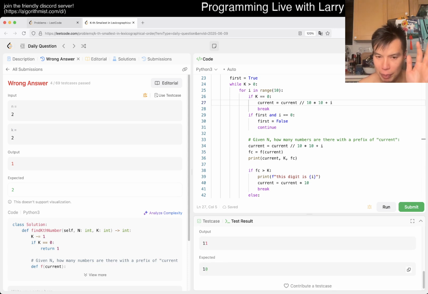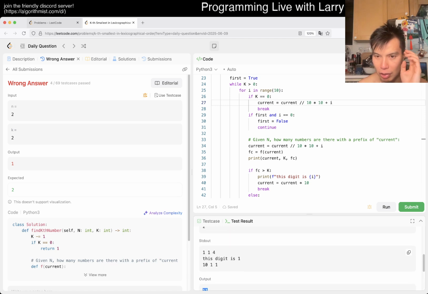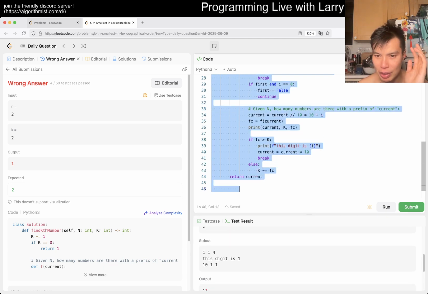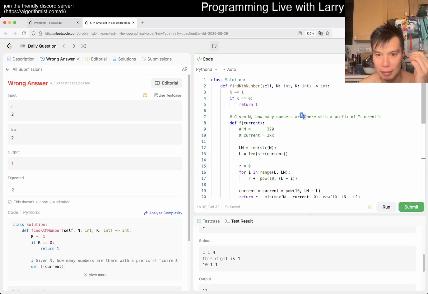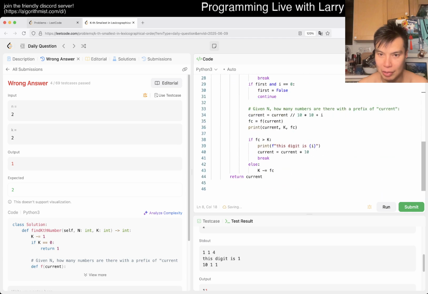So that's okay. I mean, we're off by 1 because we miscounted, so in theory this structure is more right. It's just that f of current is wrong then, right? Because you have 1, 10, 11, 12, 13, so 5, right? So I didn't make that up. I just say this is n. We only use it once anyway.